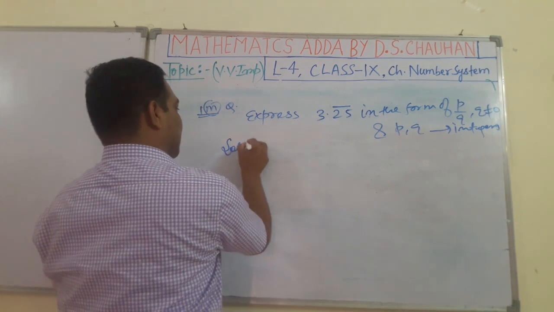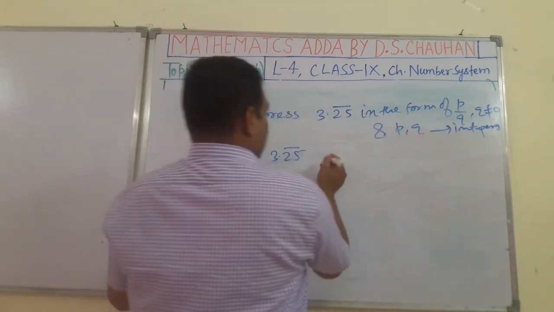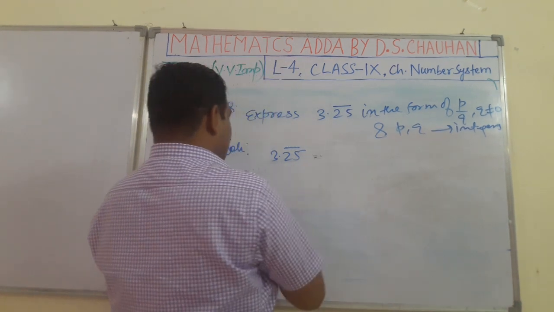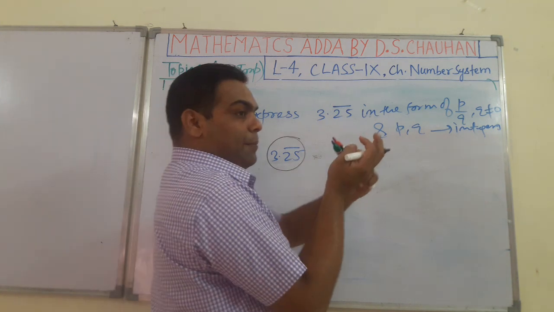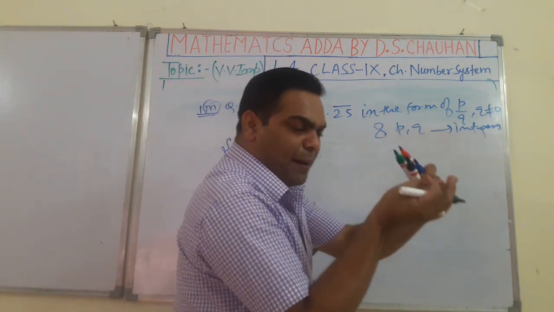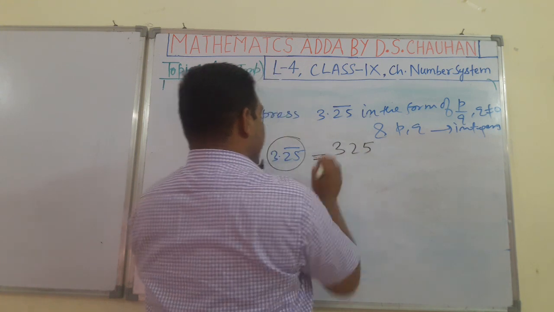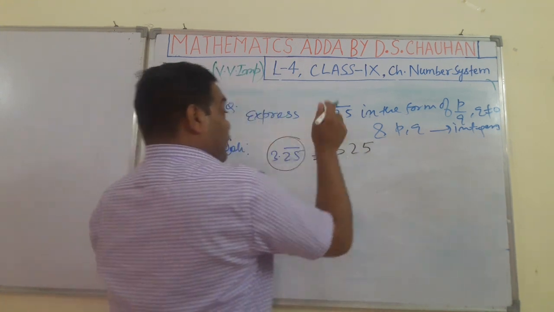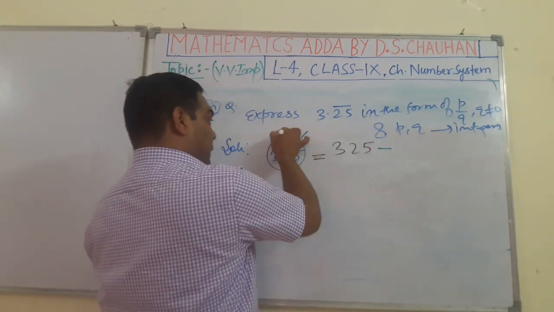See, solution in general, given 3.25 bar. See students, to get the answer directly, how to proceed? You consider a number free from decimal and free from bar. What do you have? 325. And now you subtract the number without bar.